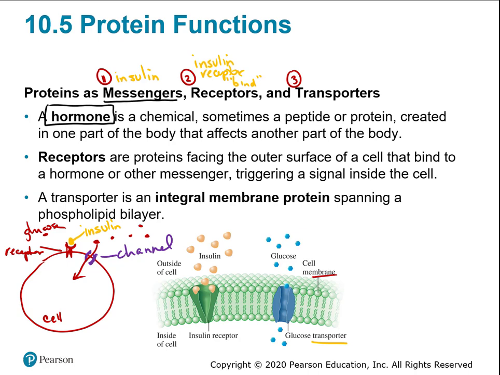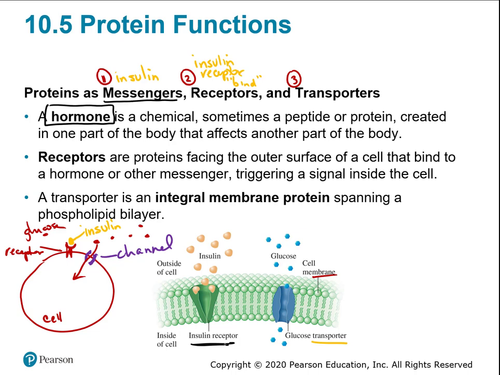So now insulin's floating in your blood, and it can freely leave blood vessels and travel through your tissues, and it's going to bind to a receptor. Second function: receptors are proteins that can interact with other substances. See the green thing embedded in the membrane? This is a protein called an insulin receptor. Is that a fibrous protein or a globular protein?